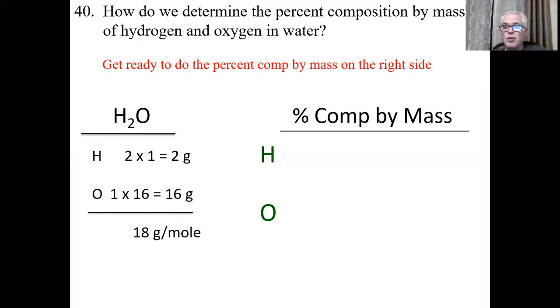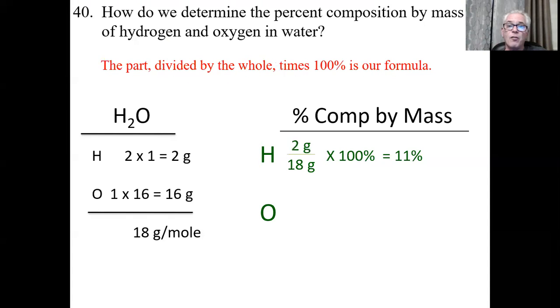Now, just like the fruit tart, how many ounces were strawberries out of the whole? How many grams are hydrogen out of the whole? Times 100%. So here we go. First one, 2 grams of hydrogen out of 18 grams total times 100%. All right, let's get our calculators.